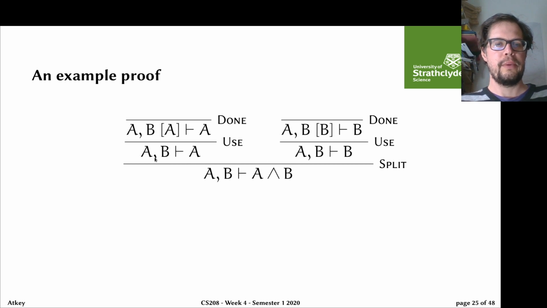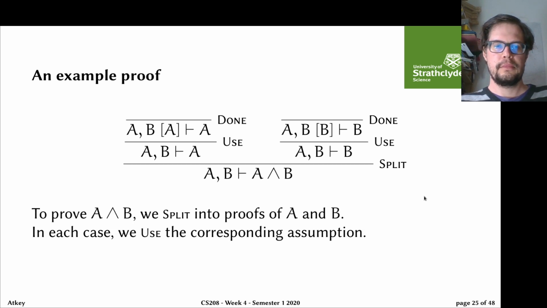So to prove A, we're going to use the A assumption here, so we put it in square brackets, and we keep a copy of it over here because it's still an assumption we can use later on as well. And then we say done, because the thing we're proving is the thing we have in brackets. And similarly over the other side, we have put the B into square brackets by the use rule, reading up, and then we say done to do the B. So to prove A and B, we split into proofs of A and B. In each case, we use the corresponding assumption, and then we are done.